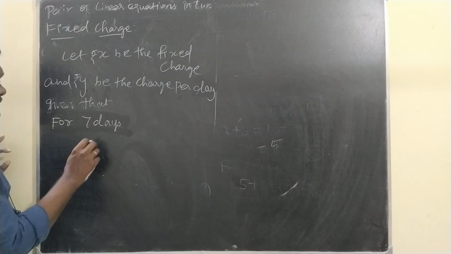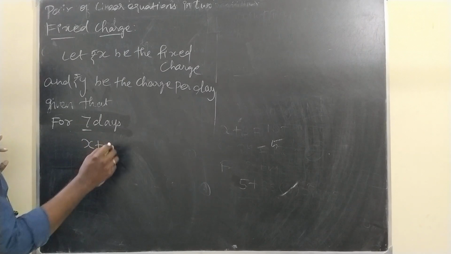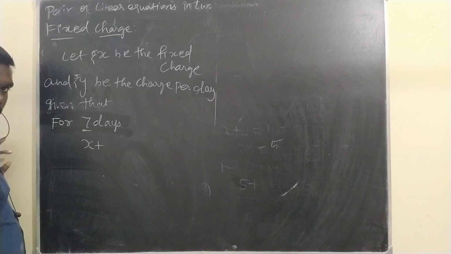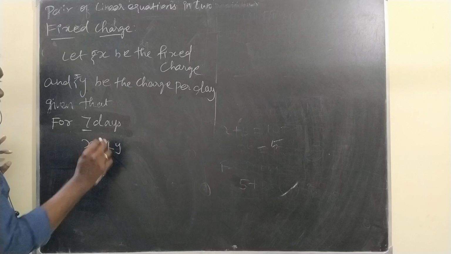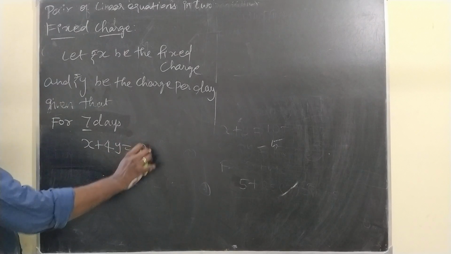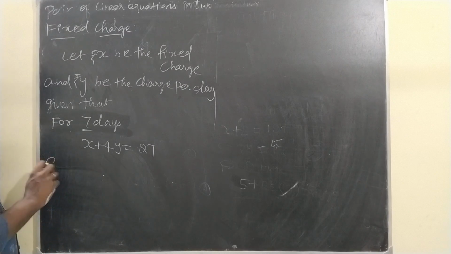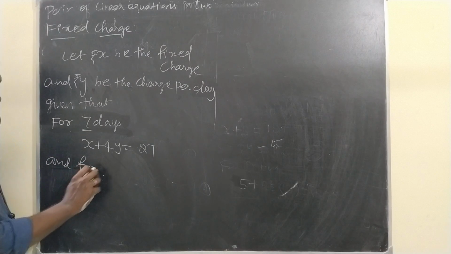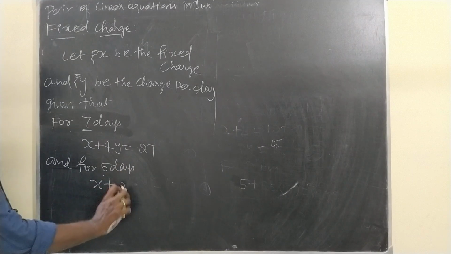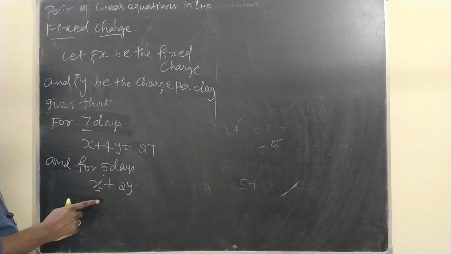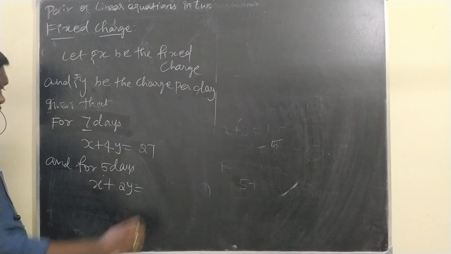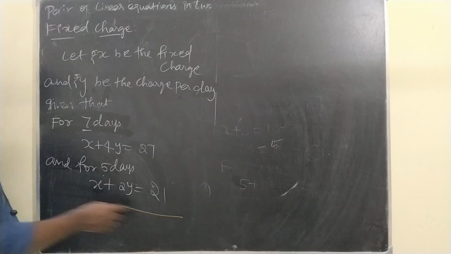So the fixed charge for the first 3 days, and the remaining 4 days the variable cost should be applied: x plus 4y equals 27. And for 5 days, x plus 2y, since the first 3 days are covered by the fixed charge, equals 21.